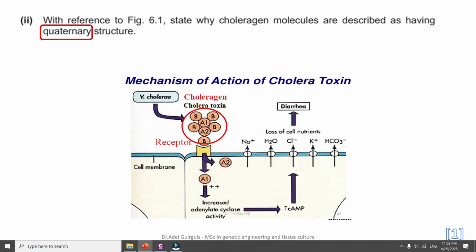Choleragen here is formed from many units of peptide that form protein, different polypeptide chains. Choleragen has multiple polypeptide chains, not one. Quaternary means more than one polypeptide chain joined together, so it has quaternary structure.